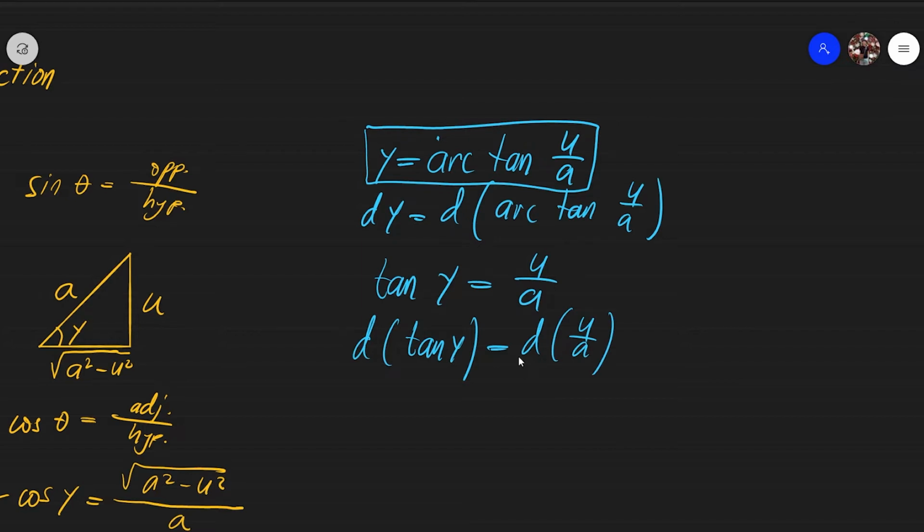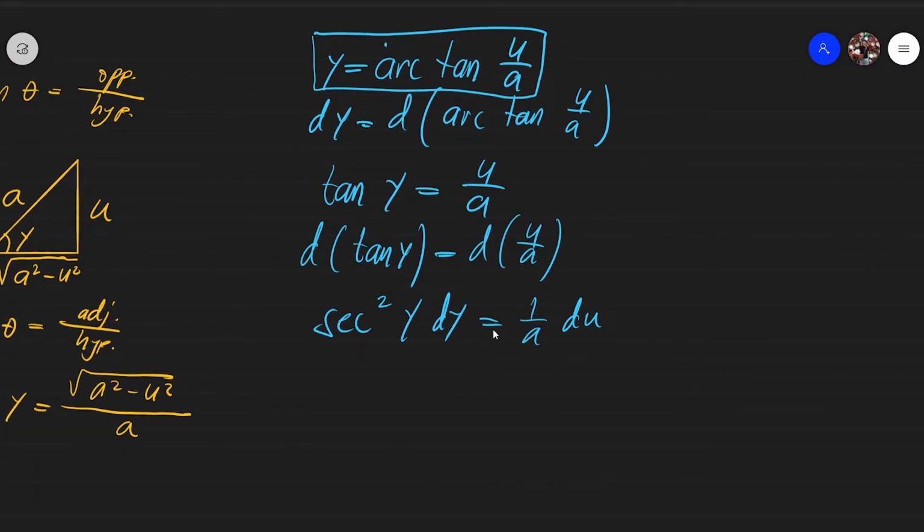So the differential of tangent y is secant squared y dy, of course. So this is equal to 1 over a differential of u.